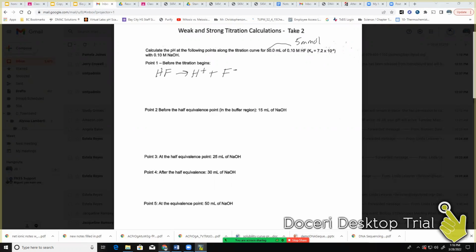This started as 0.1 molar. We didn't have any of this, and then we went to 0.1 minus X, X, X. I'm not going to do the RICE table every time, but in case you've forgotten how it is, at this point I can get my Ka is equal to my H plus times my F minus divided by my HF.